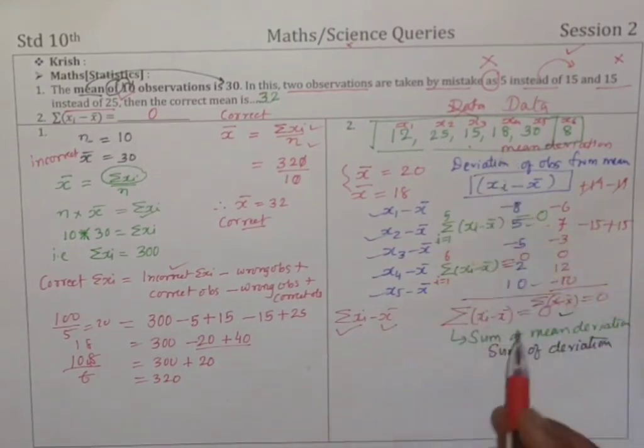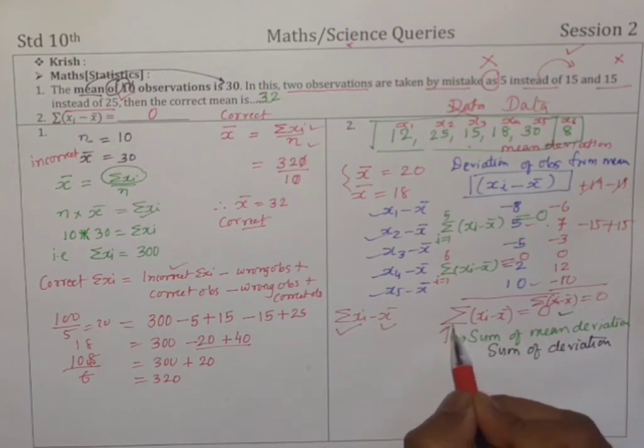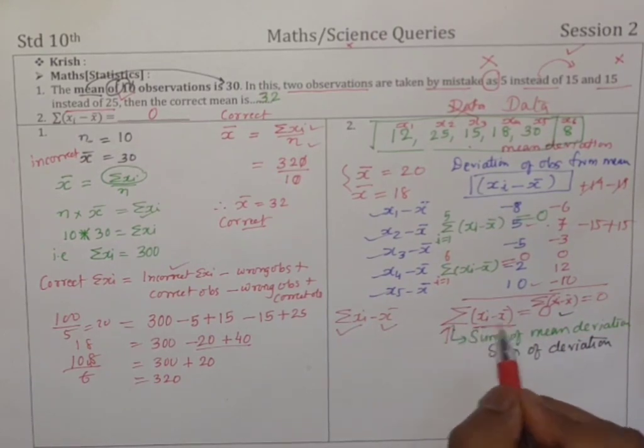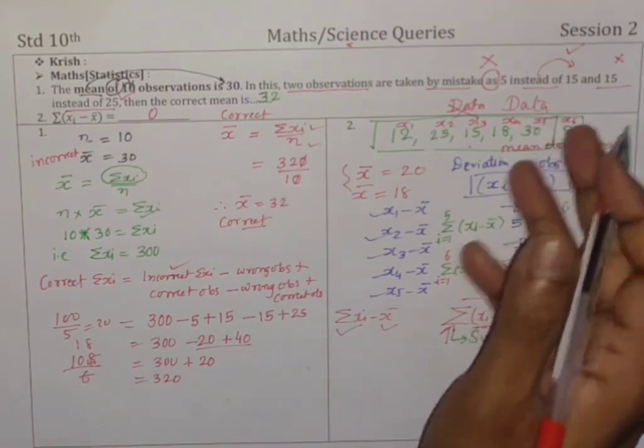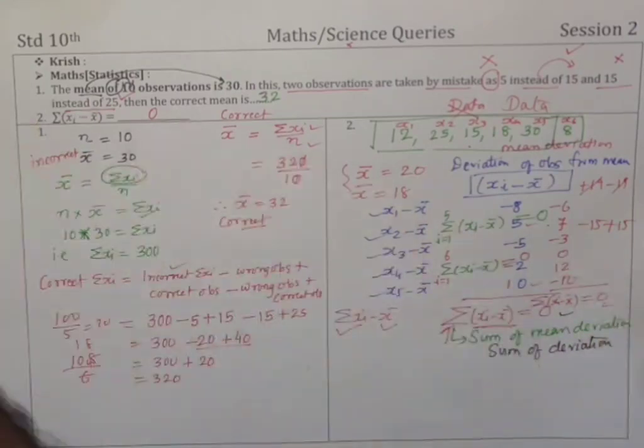So sum of deviation, this is the sum and this is the deviation, mean deviation or simply deviation. Sum of deviation is always equal to 0. Whether you take 100 observations, 50, or 1 million observations, the sum of deviation is always 0.